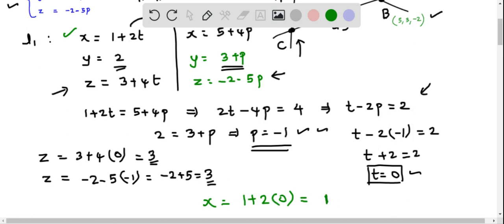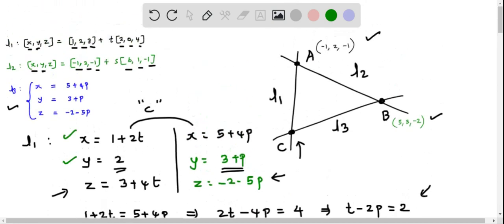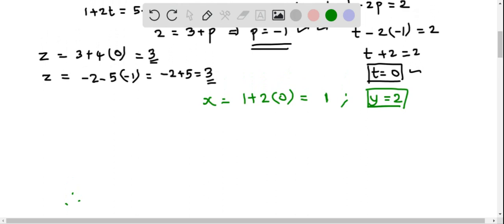And similarly I can substitute in y, but y is already 2, so we see that y equals 2 and x equals 1. Therefore the intersection point C we can write down as C is x comma y comma z: x is 1, y is 2, and z is 3. So this is the intersection point C.